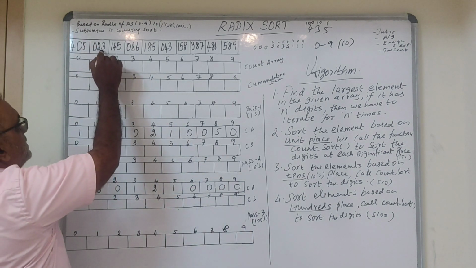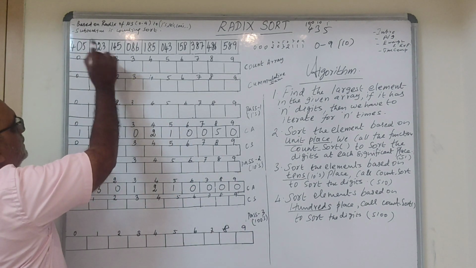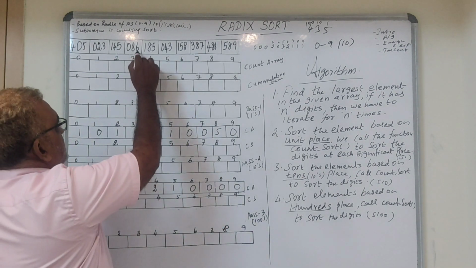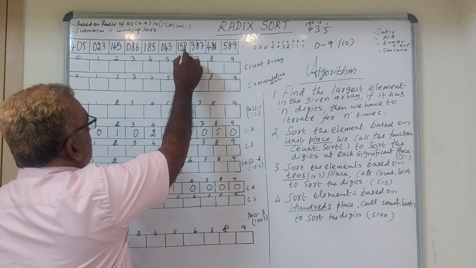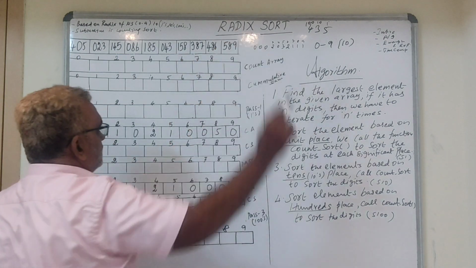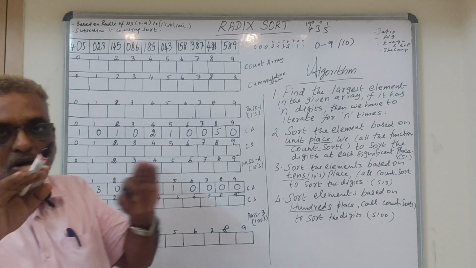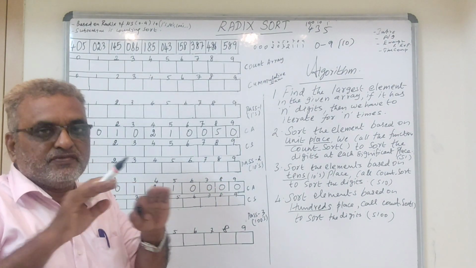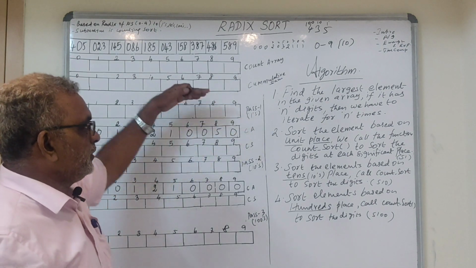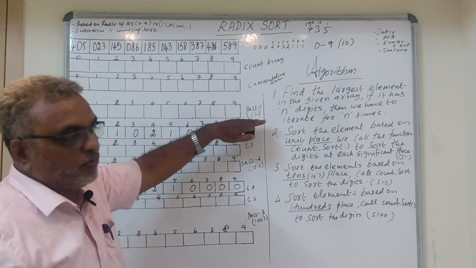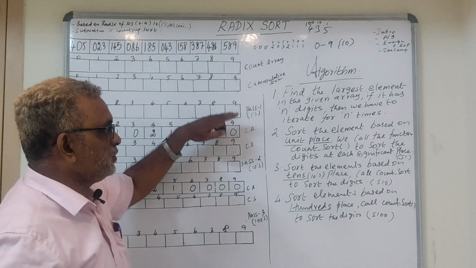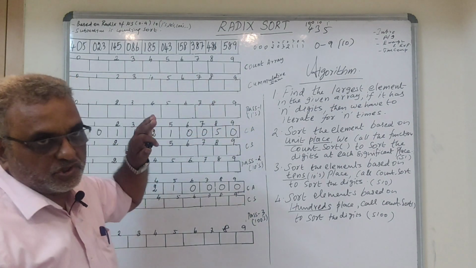Similarly, the first digit of the second number, and so on. Only these values we have to sort. Once you sort all the elements based on the 1's position, you get the output of pass 1.